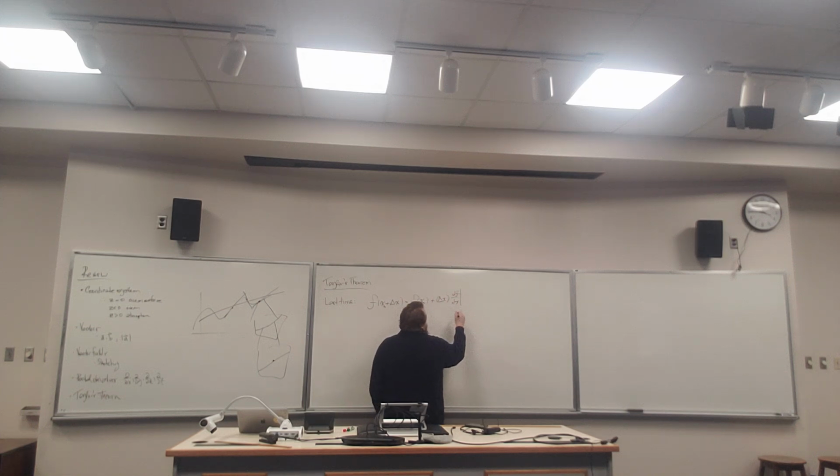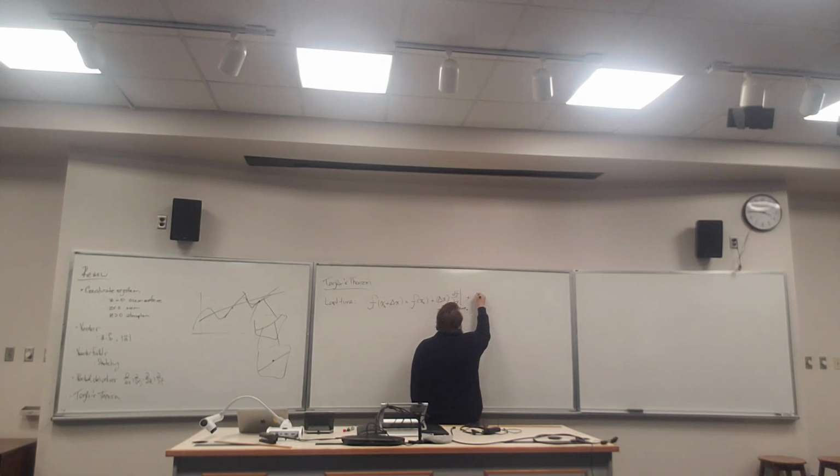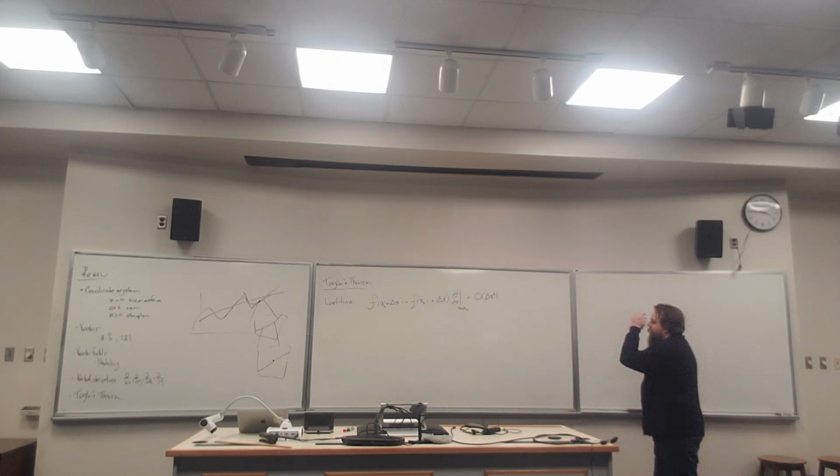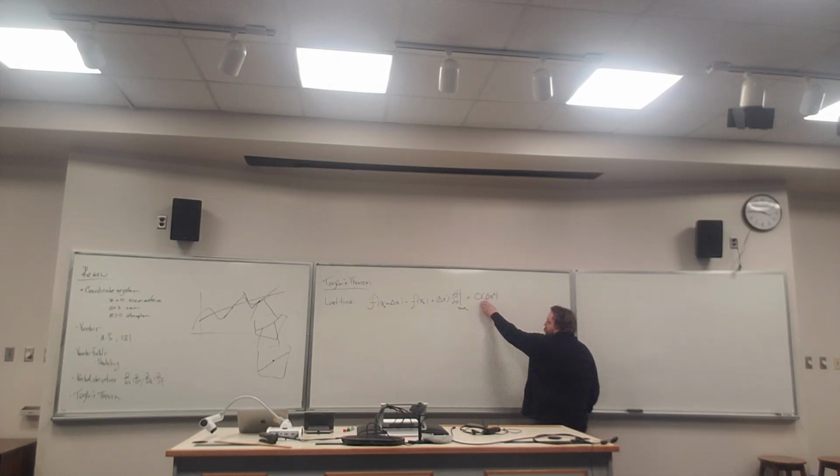And that derivative, we always evaluate at the base point. Last time we wrote some other terms, but this time we're not going to go any further than the linear level, because we won't need anything more than that. Plus this extra term, this error term, that's proportional to delta x squared.